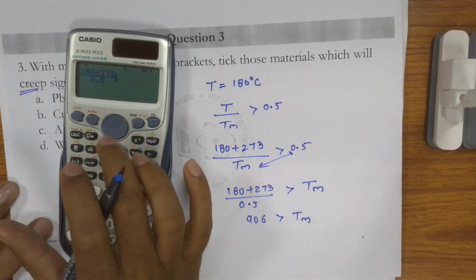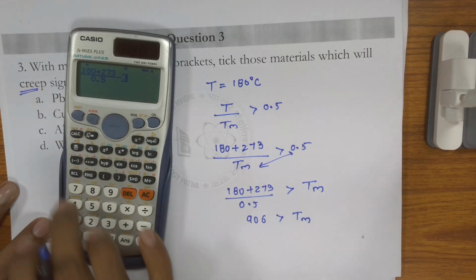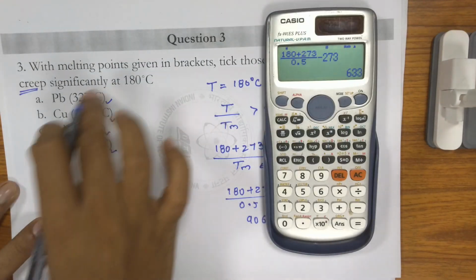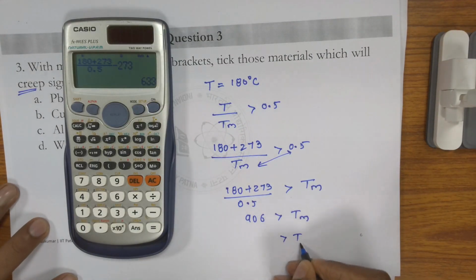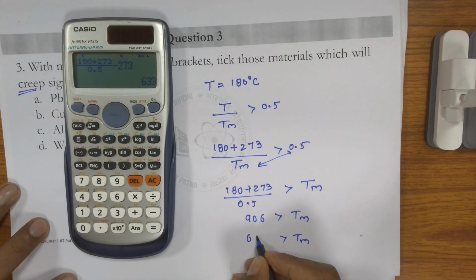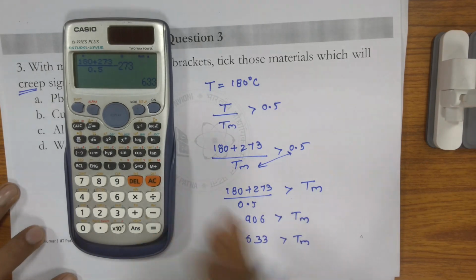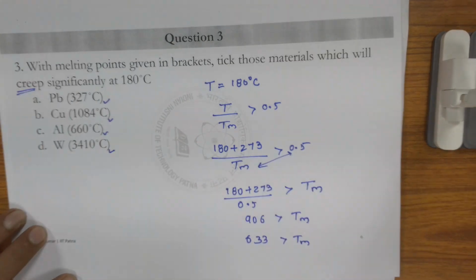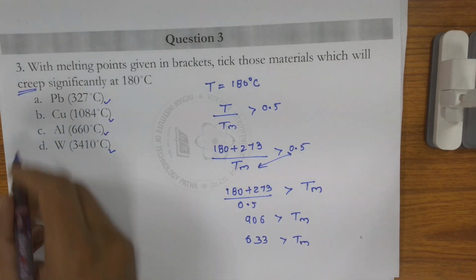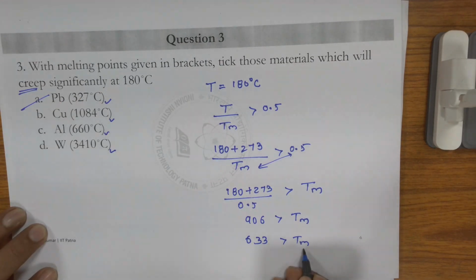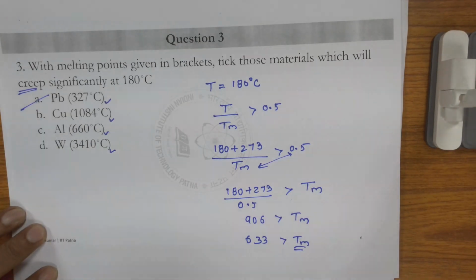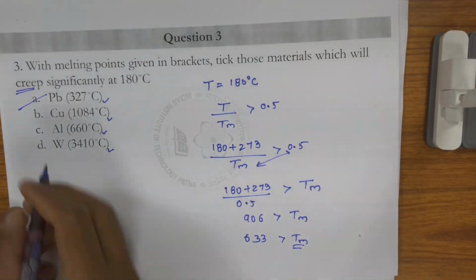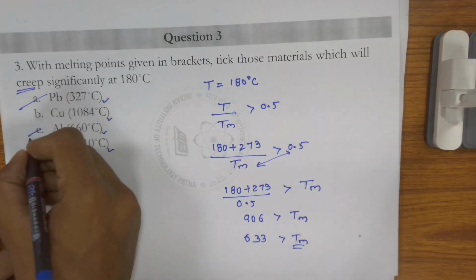So we have to convert this to degrees Celsius, because all the brackets are given in degrees Celsius. So the materials having a melting point less than 633 are going to creep. Okay, so which are those materials? The material is lead having the melting point 633, and more or less we can say that maybe aluminum can also creep.